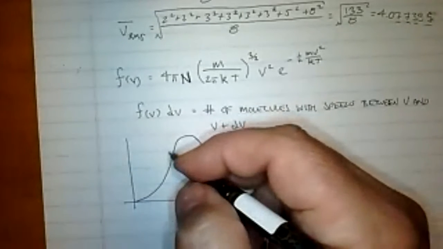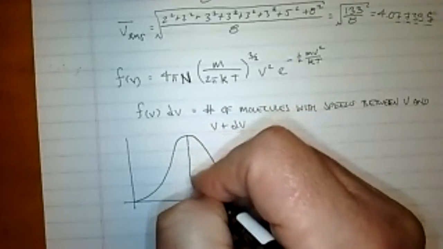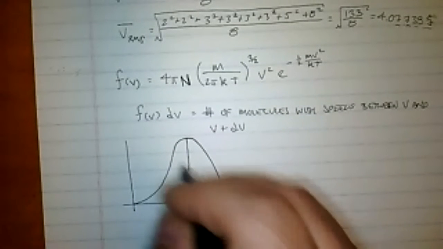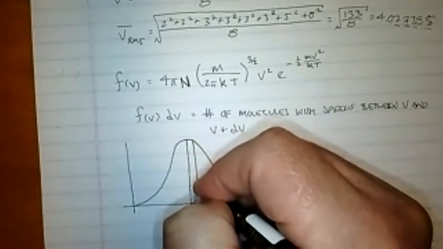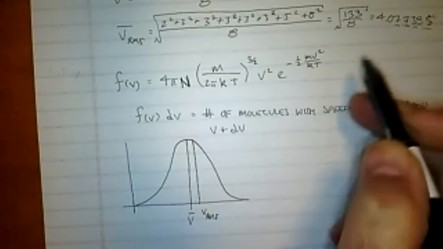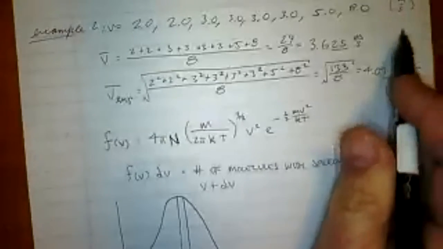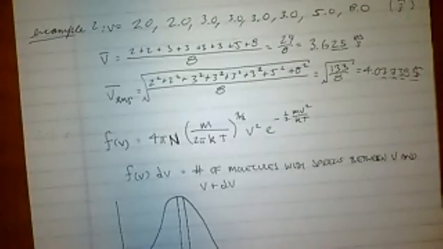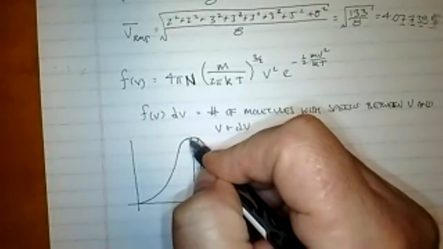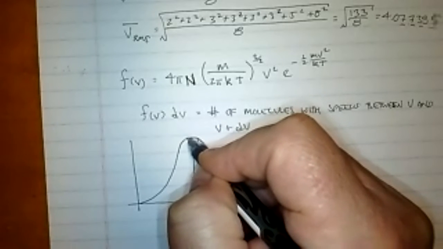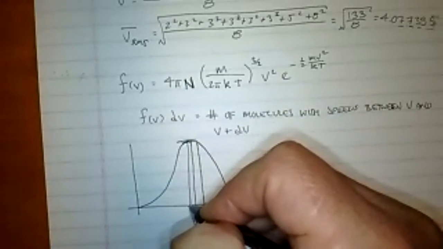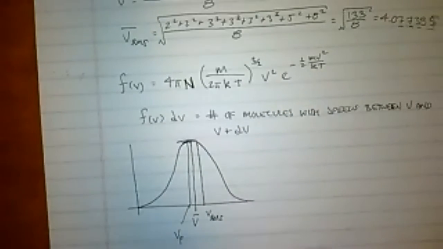And if you want to plot the average velocity, that would be just plain v bar. If you want to plot the root mean square, just like we saw before, that happens to be slightly larger than the average velocity, which is what we found. And then you can also plot, of course, the most probable, which technically should be at the peak here where the slope is 0. And that is vP, the most probable.